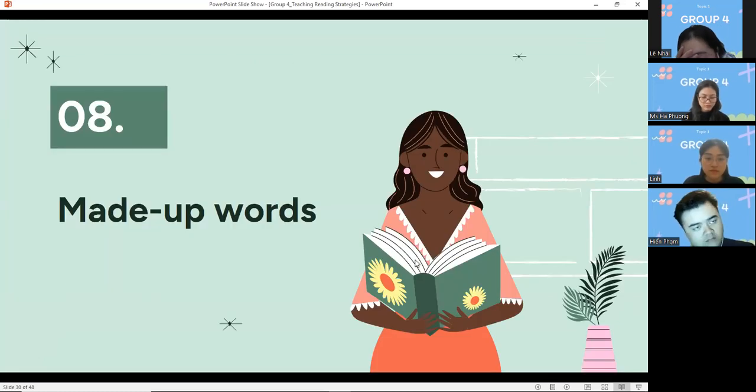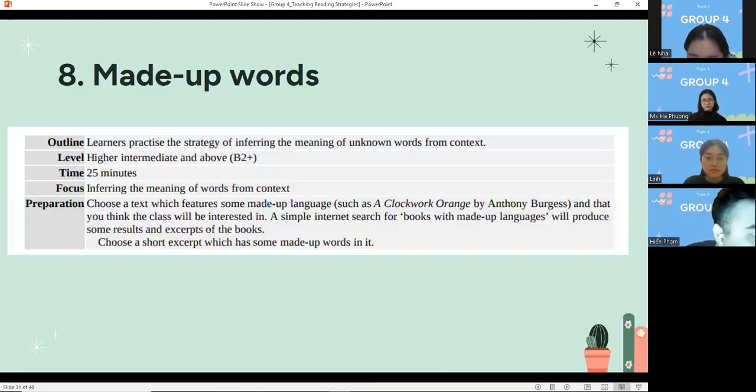The eighth strategy is made-up words. In this strategy, inferring the meaning of unknown words is a widely promoted strategy in language teaching. The use of literary text makes it likely that the text will provide an appropriate context for inferring meaning.